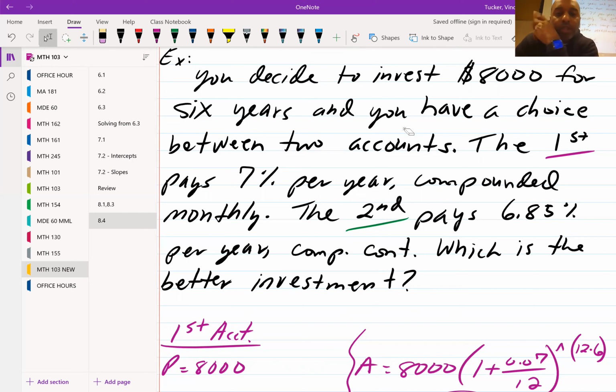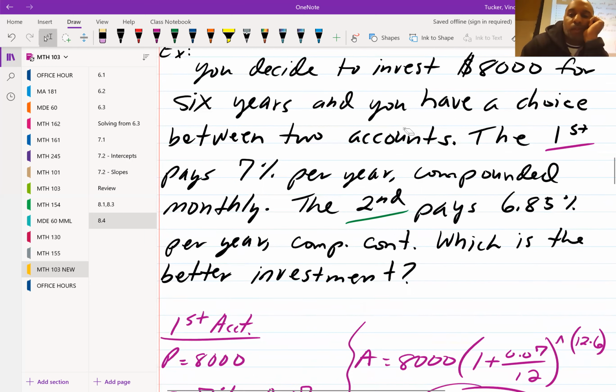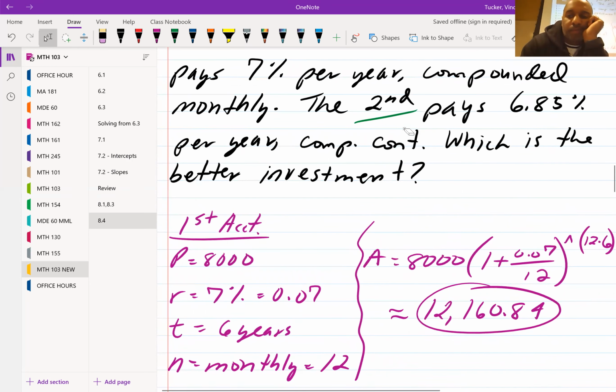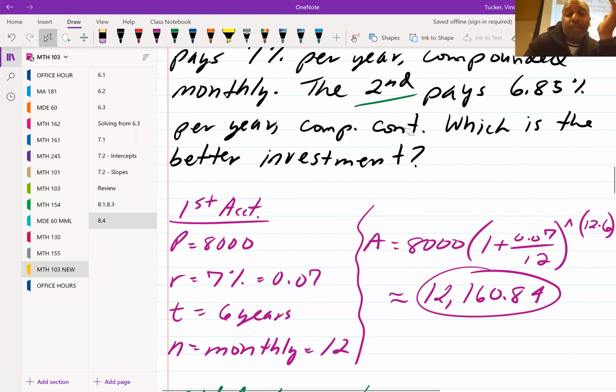All right. So let's look at the first account. Write down the given pieces of information first. Principal is 8,000. Rate is 7%, 0.07. Time is 6 years. And then we're looking at monthly, so N is equal to 12.